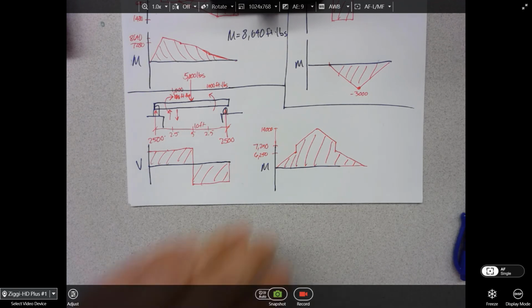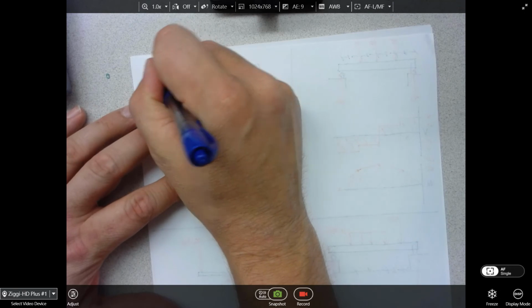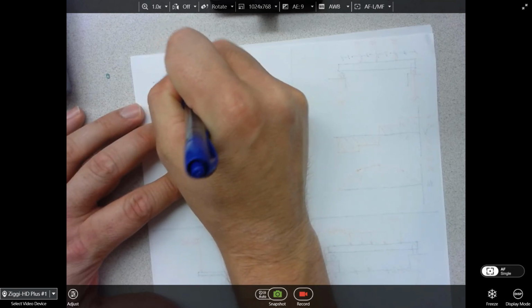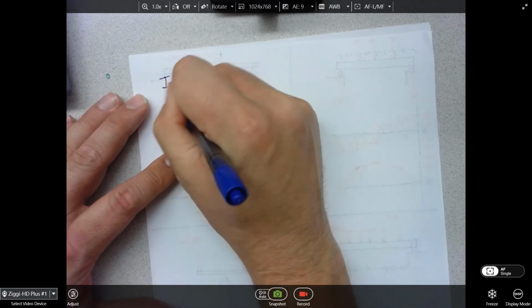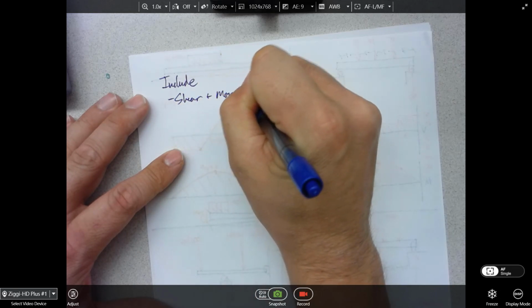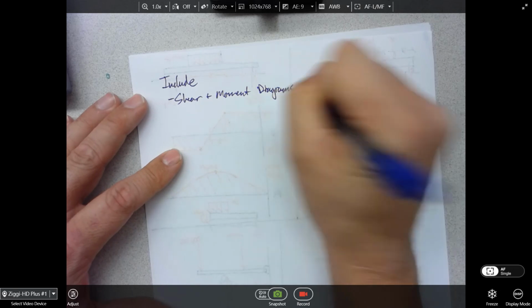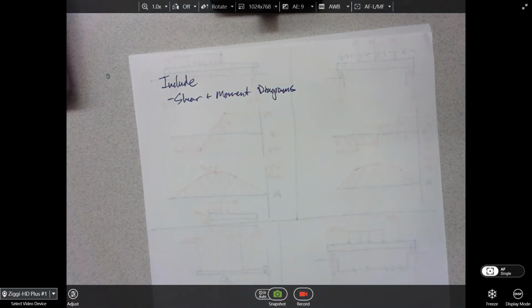All right? So, you have a midterm on Monday. It will include shear and moment diagrams. I will not specify whether you need to do it by equations or by the graphical method.